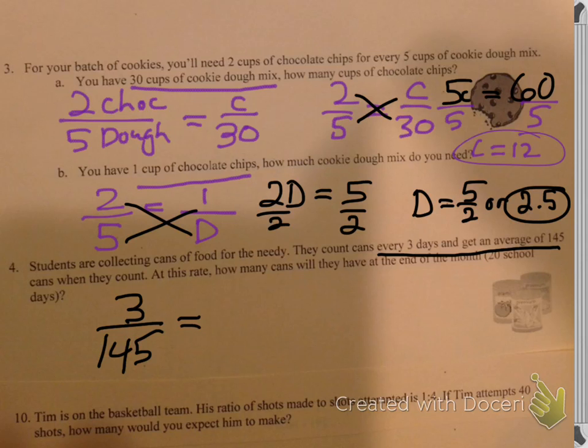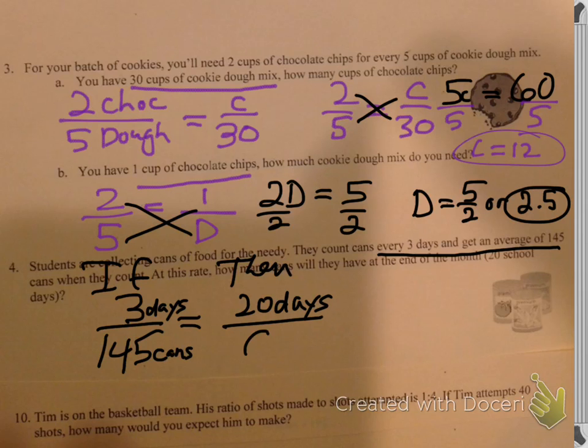So if 3 days get you to 145 cans, then, so it's an if-then, 20 days is going to get you how many cans? Piece of cake.